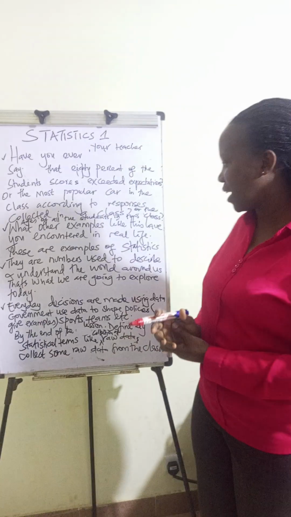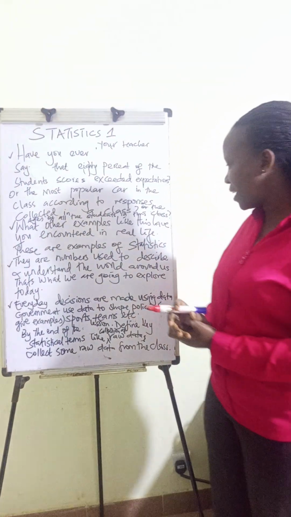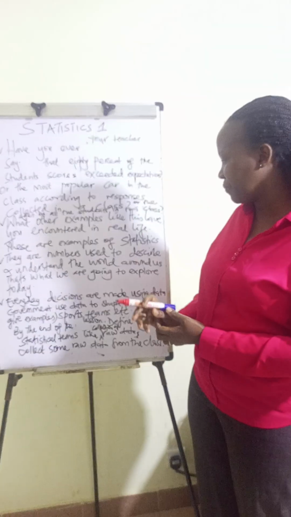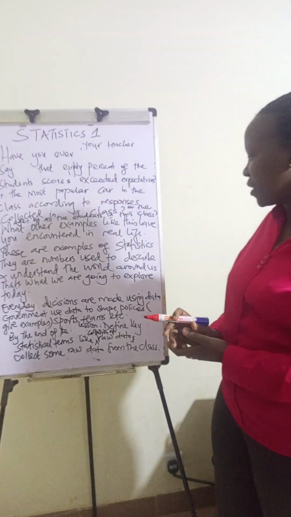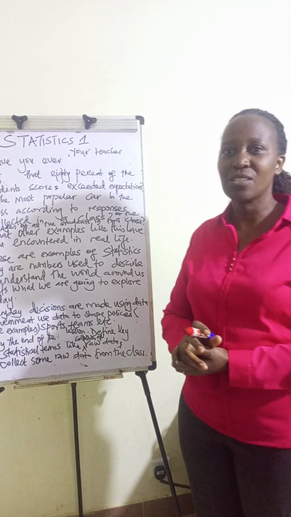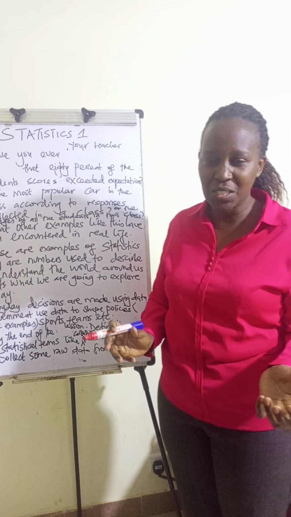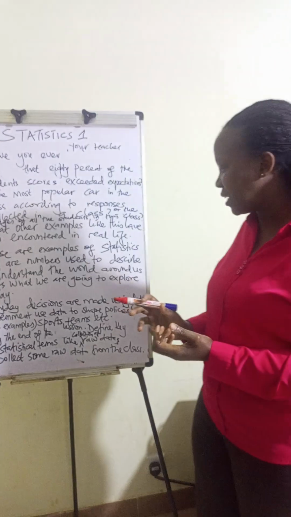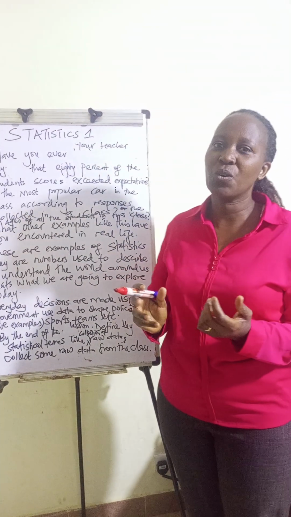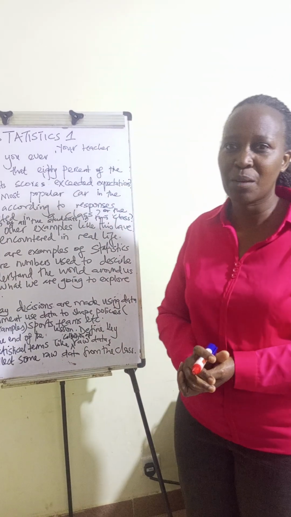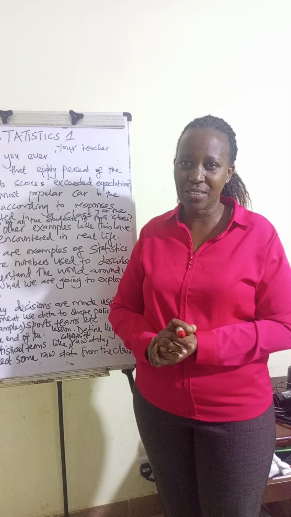But for today, our main objective is that by the end of this lesson, we can define some statistical terms like raw data, and secondly, we can also be in a position to collect some raw data from the class.